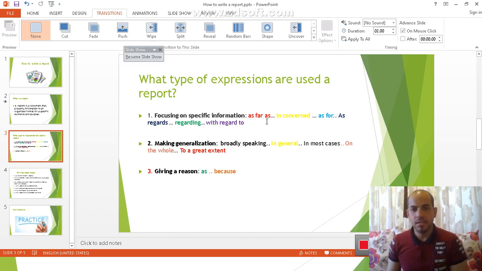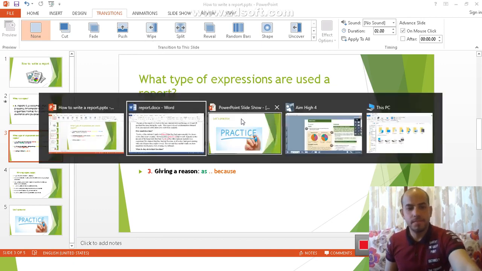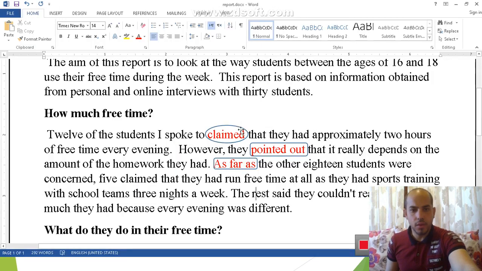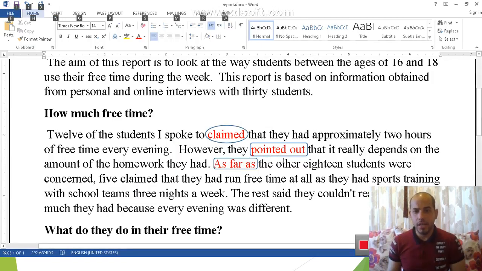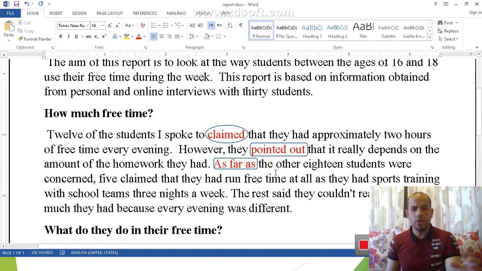As far as and what? And pointed out, yes, to focus on a specific information. I'm focusing that the other 18 students were concerned, and 5 claimed that they had run 3 times. You know, you have to use reported verbs, and you have also to use expressions that focus on a specific information.